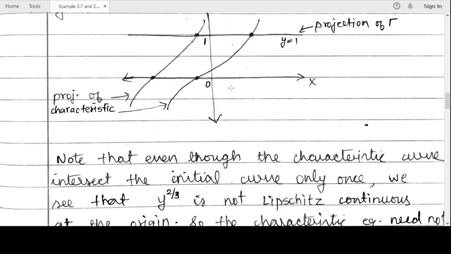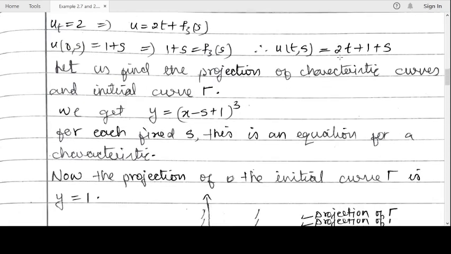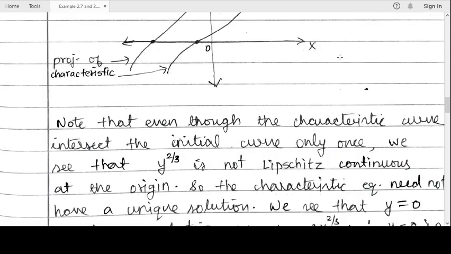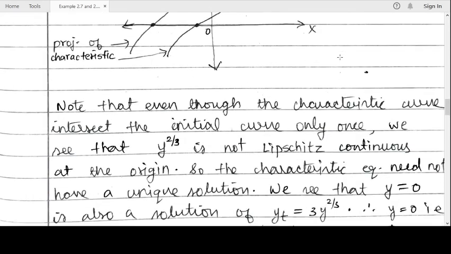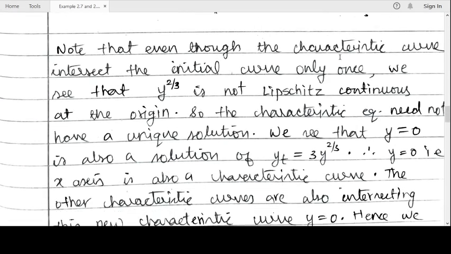But there is a problem. In this question, the coefficients are not smooth. Here the coefficient is 1, no problem, but here the coefficient is y to the power 2 by 3. That will create a problem because this equation does not satisfy the Lipschitz condition. You have studied this in ODE also.